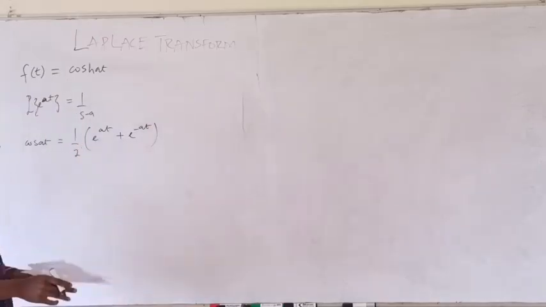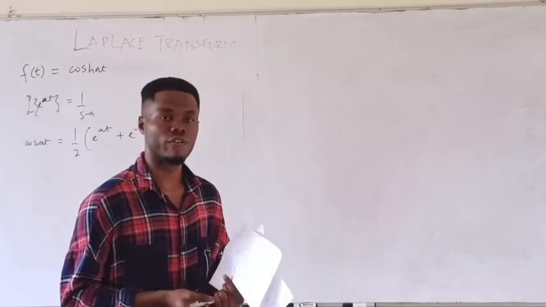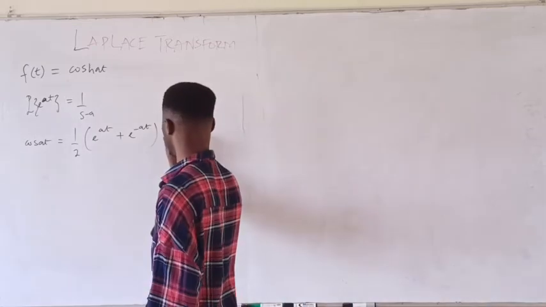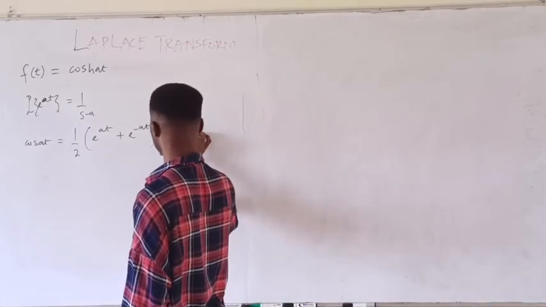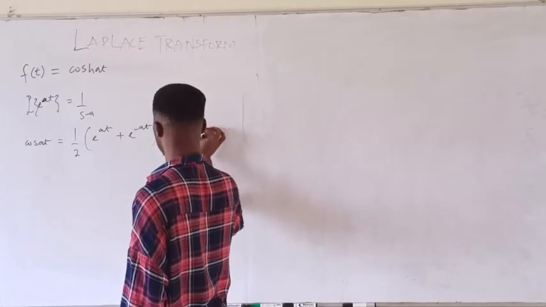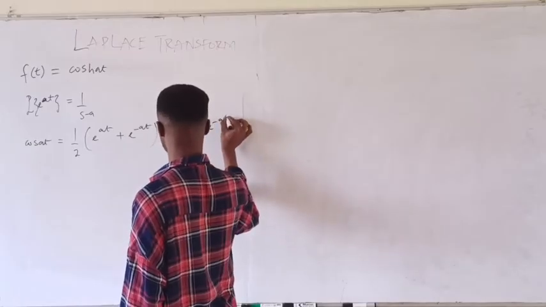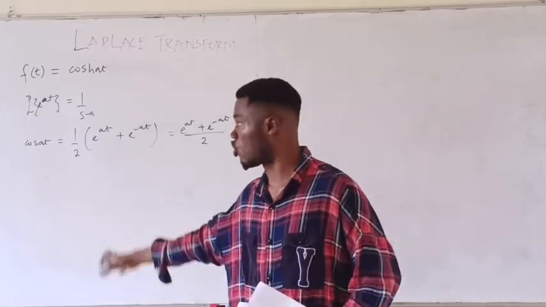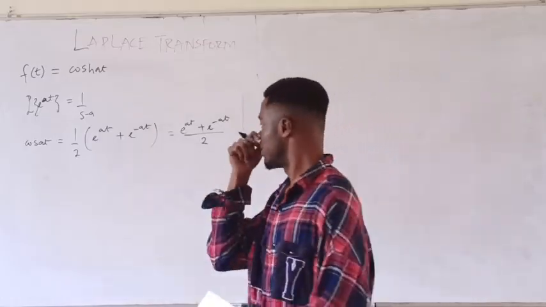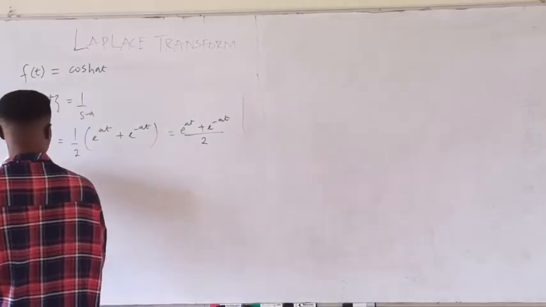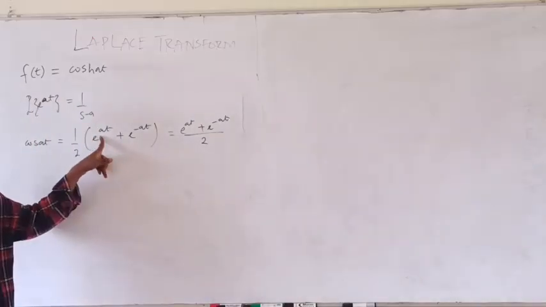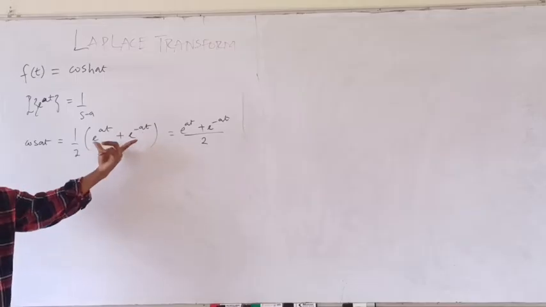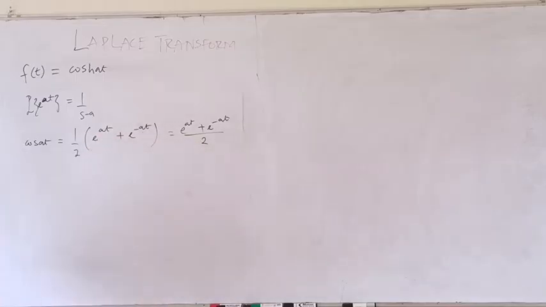So you can say this is equal to exponential of at plus exponential of minus at, divided by 2. This is the definition of the cosh of a function. Using that, we already know the Laplace of exponential of at, and we already know the Laplace of exponential of minus at because they are basically the same thing.